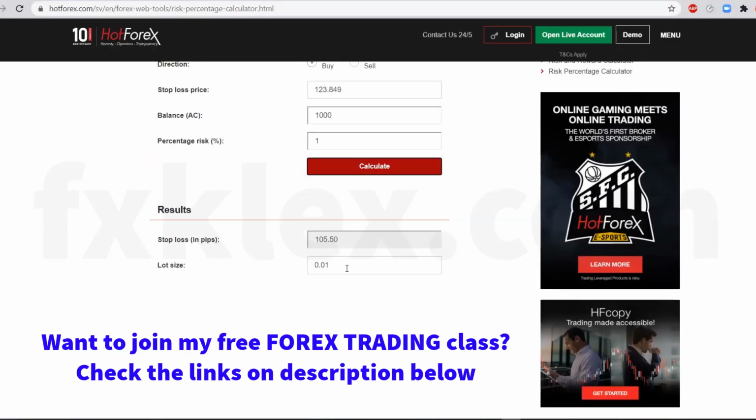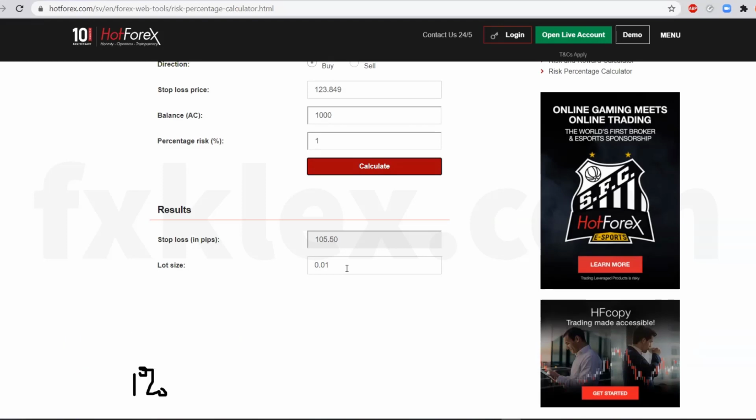So you don't go far ahead and execute a lot size which is going to totally get your account wiped out. So this is going to serve as a guidance for you to properly manage your account. You should be able to calculate what 1% of $1,000 would be. That should be what? $10. Am I right? Yeah.